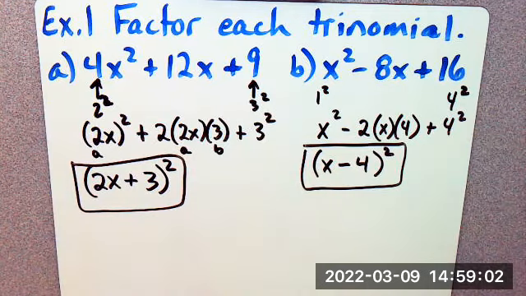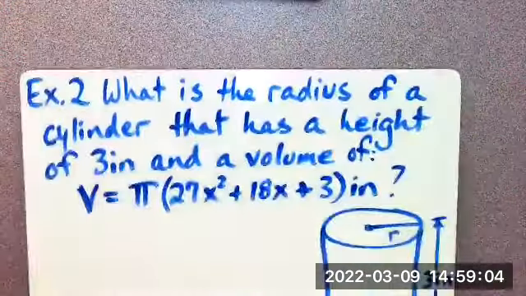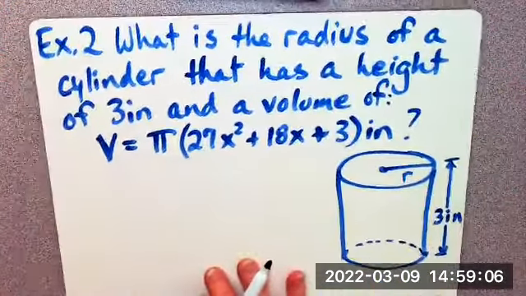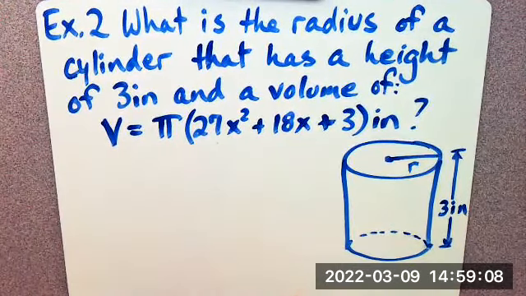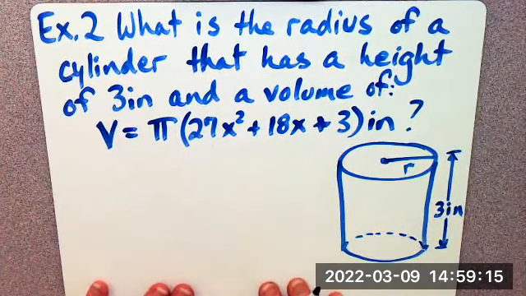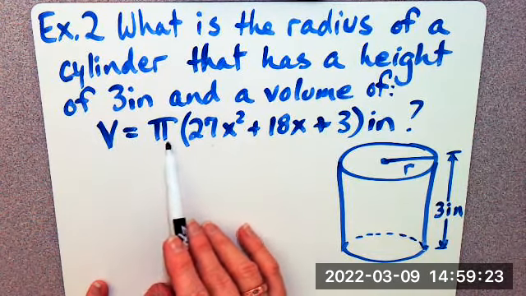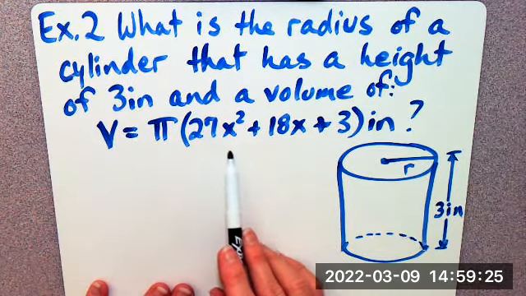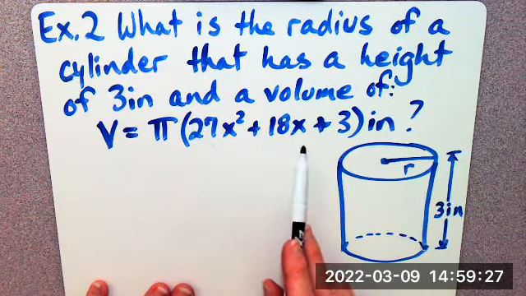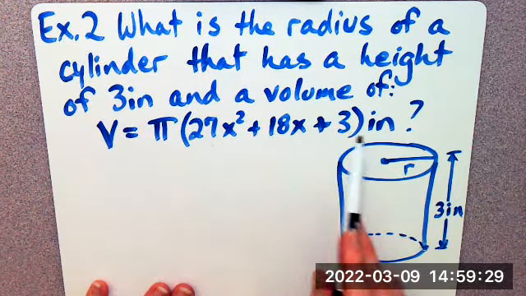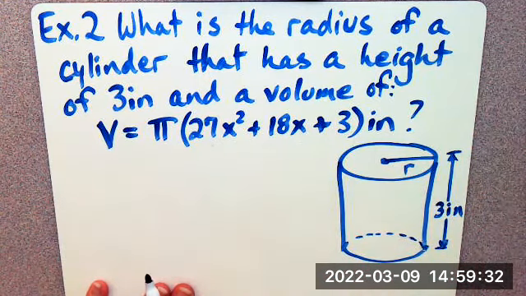All right, let's look at a problem here with a cylinder. What is the radius of the cylinder that has a height of 3 inches and a volume that equals pi times the quantity 27x squared plus 18x plus 3, and that's in inches.